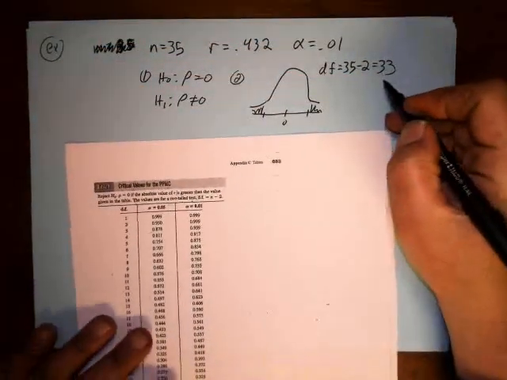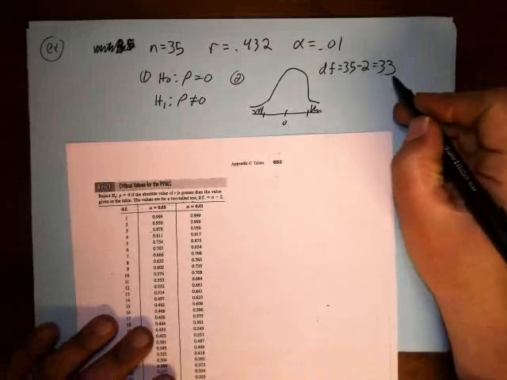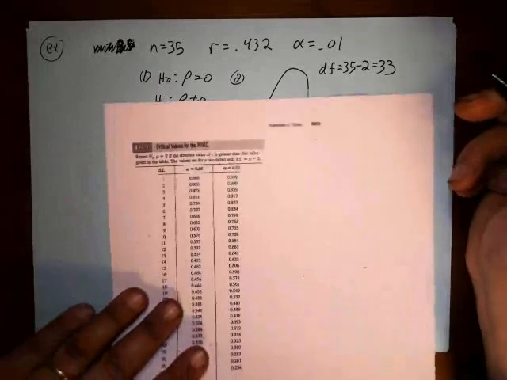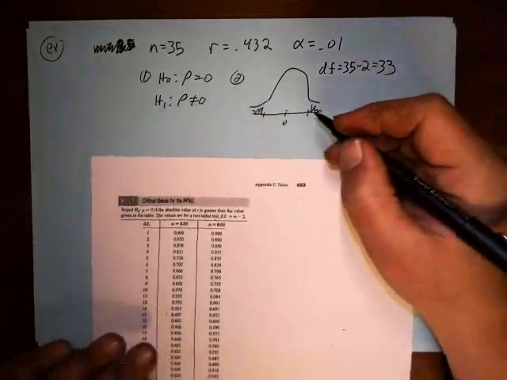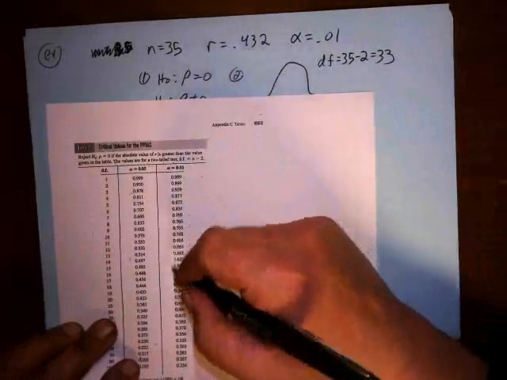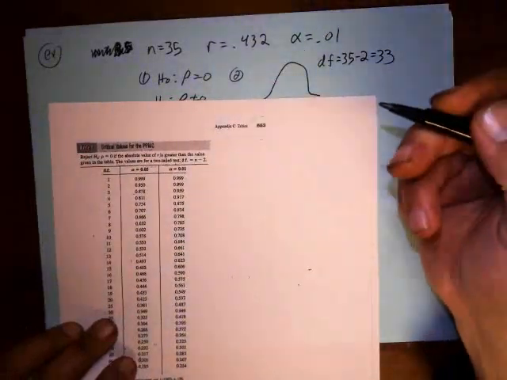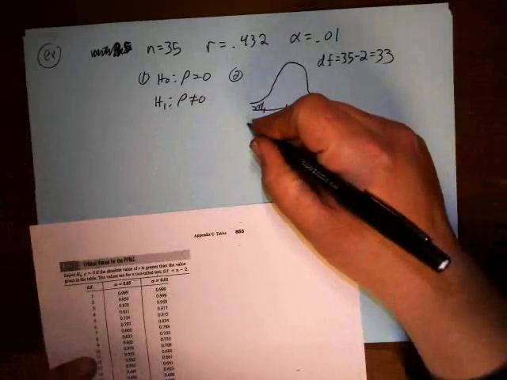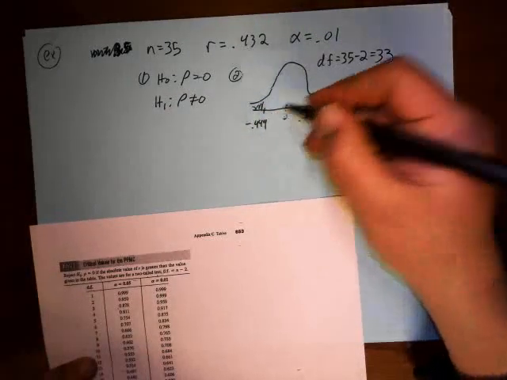The principle is you go to the largest one on the table that's less than the actual degree of freedom that you have. For degree of freedom 30, alpha 0.01, we got 0.449, and this would be negative 0.449.